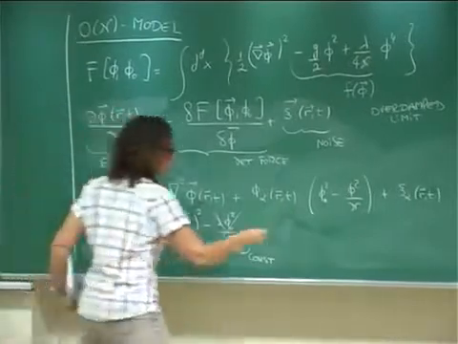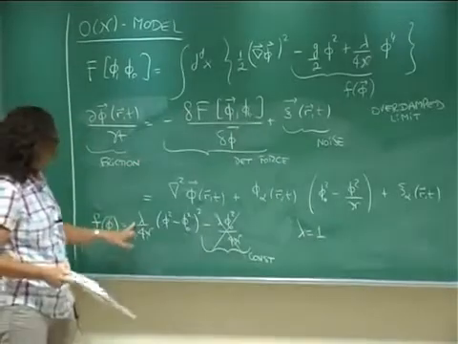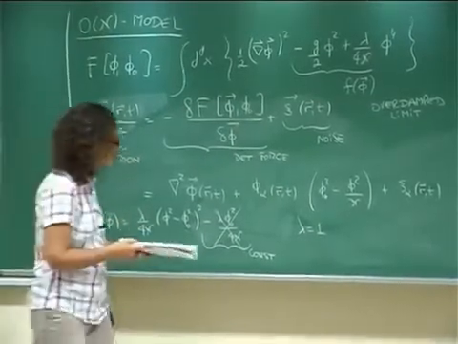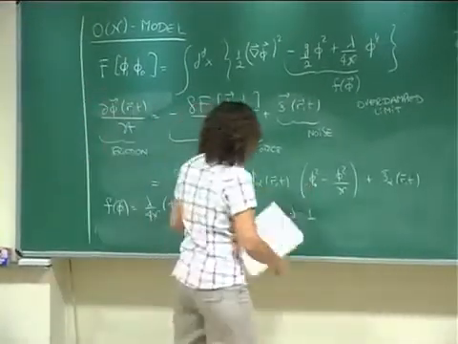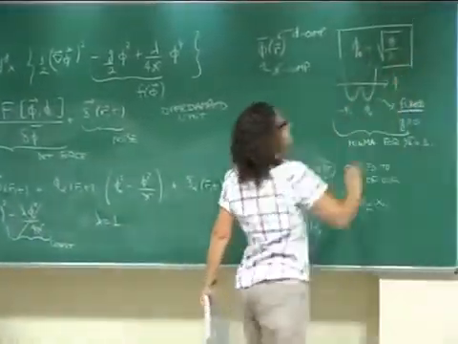No lambda, because I set it to 1. It's just an overall constant and it won't change anything. And the G is here. Exactly. So I remember that phi naught is defined here.